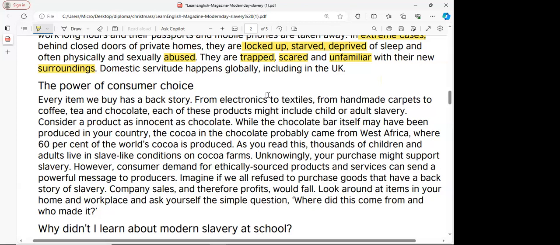The cocoa and the chocolate probably come from West Africa, where 60% of the world's cocoa is produced. As you read this, thousands of children and adults live in slave-like conditions on cocoa farms.